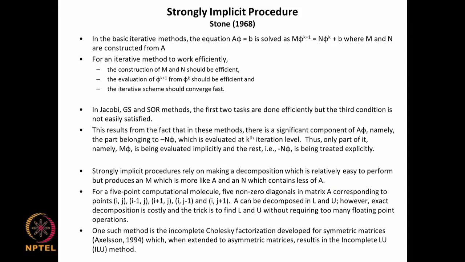Okay, so in the conventional methods you have A phi equal to b, it is not Ax equal to b, and this is solved as M phi^(k+1) equal to N phi^k plus b, where M and N are constructed from A. So, this is yet another way of putting the same Gauss-Seidel and Jacobi methods, and for this type of iterative method to work efficiently, the construction of M and N should be efficient, the evaluation of phi^(k+1) from phi^k should be efficient, and the iterative scheme should converge fast.